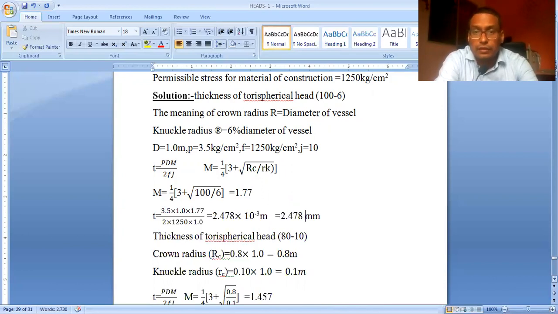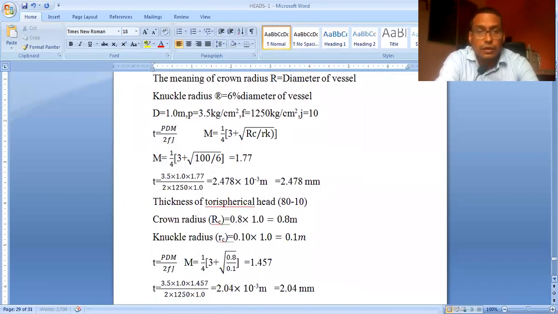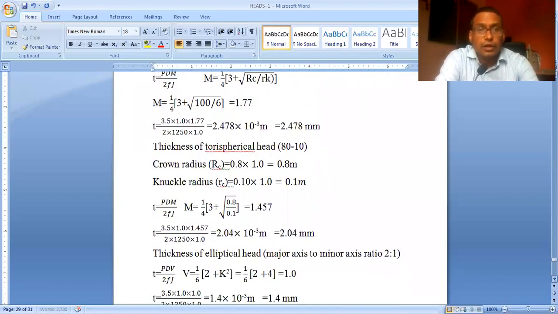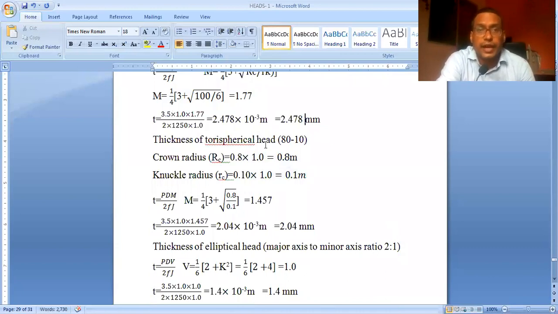Then the thickness for torispherical head with 80-10. In this case, the crown radius will become 0.8 of the diameter. The diameter of the vessel is 1, so it becomes 0.8 meters, and the knuckle radius is 0.1 times the diameter of the vessel.